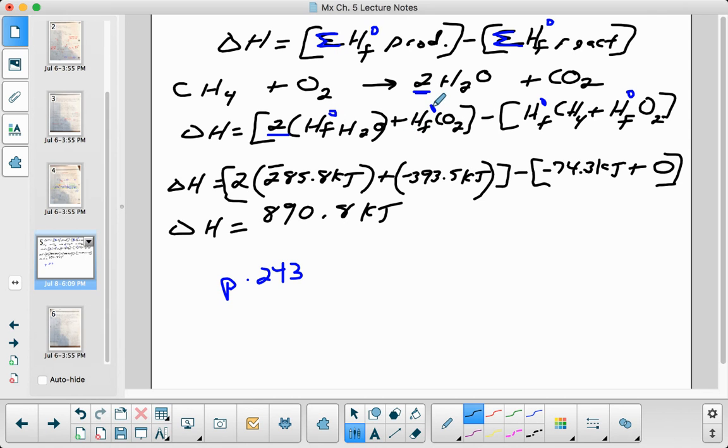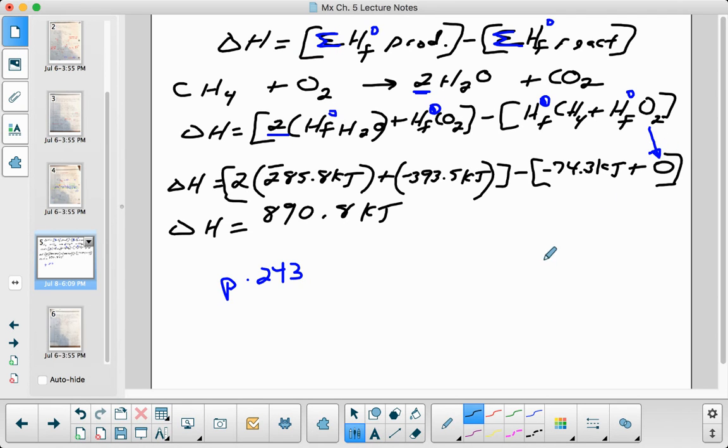Plus the standard heat of formation of CO2, which I'll look up, is negative 393.5. And then I subtract, that's the equation, the negative value for the standard heat of formation for methane, which is negative 74.3. And then I'm going to take the heat of formation of oxygen, and you'll note that it's 0.